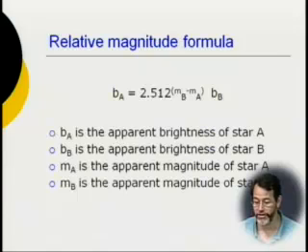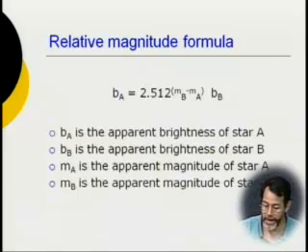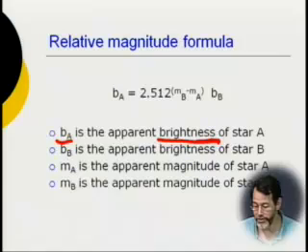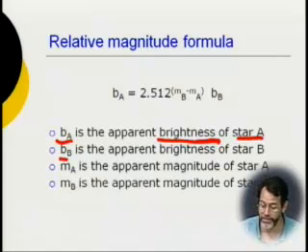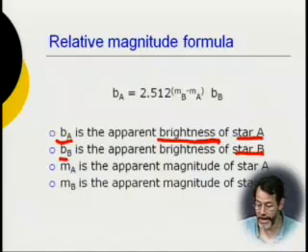So here's a relative magnitude formula. Magnitudes are a bit important here. B sub A is a brightness, in typical units of, let's say, energy per second. Let's say B sub A is the apparent brightness of star A, and B sub B is the apparent brightness of star B. How do you relate those two given their magnitudes?